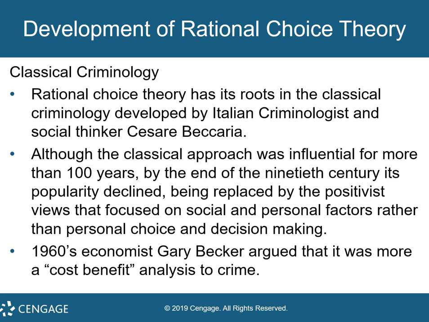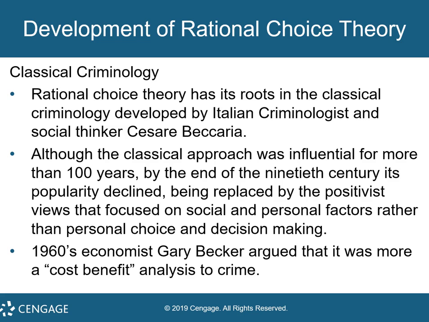And although the classical approach was influential for more than, let's say, 100 years, by the end of the 19th century, its popularity amongst criminologists declined a bit, and it was replaced for the most part by a positivist view that focused more on social and personal factors rather than personal choice or decision making.